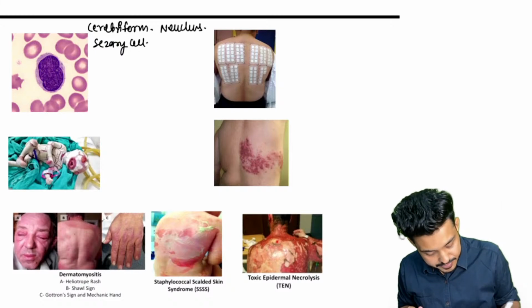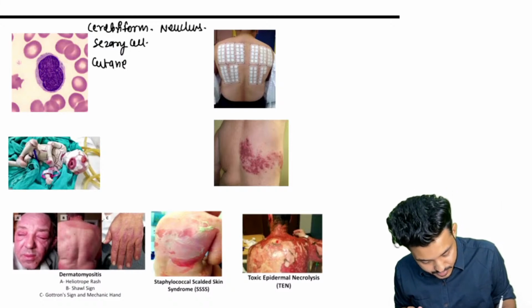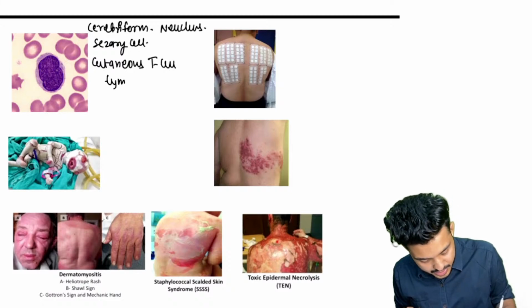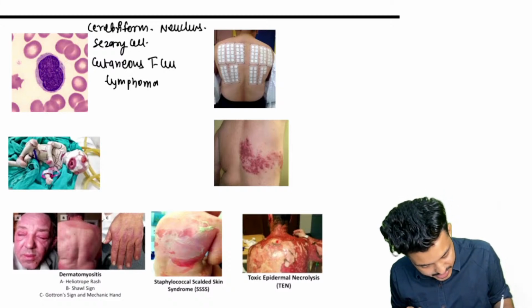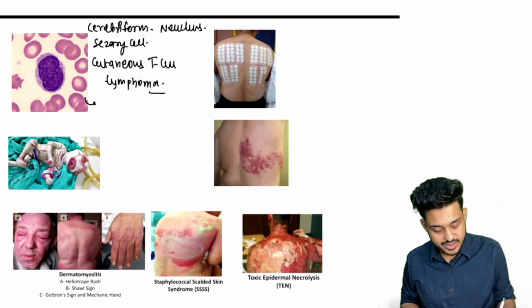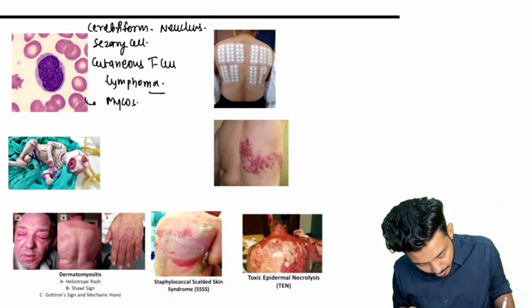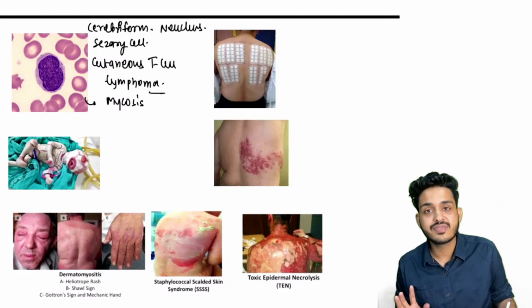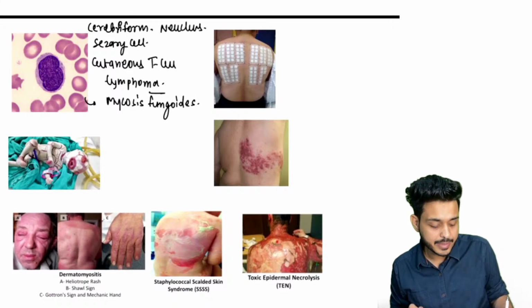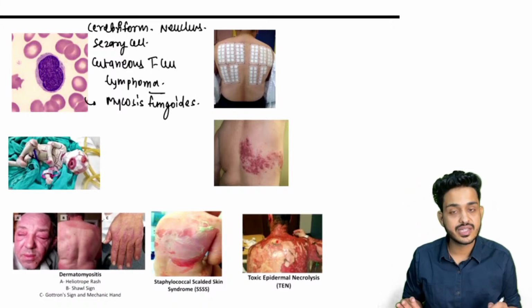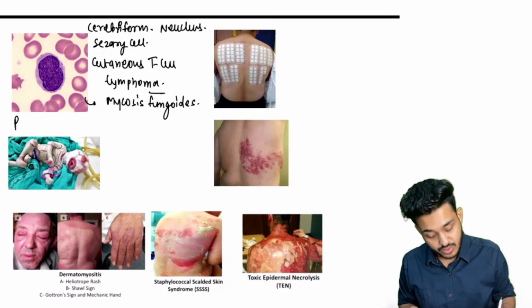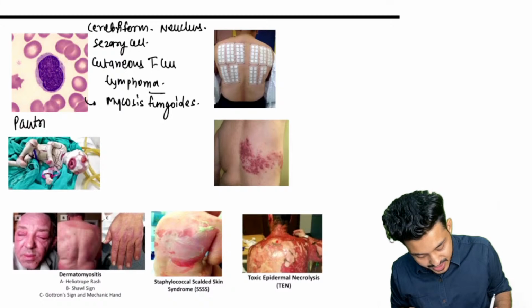This is basically cutaneous T cell lymphoma, also known as mycosis fungoides. And what is the type of microabscess that we have seen over here? Remember guys, M goes with P, not M with M, so that would be Pautrier's microabscess.